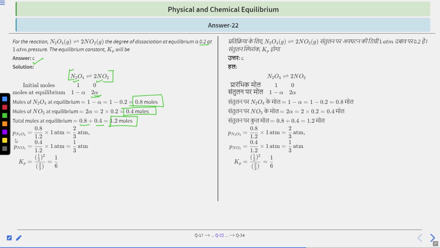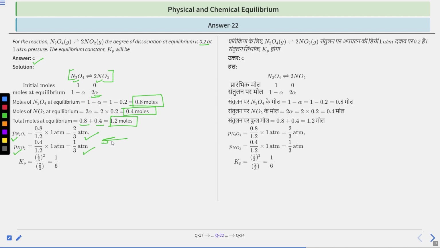We have to find the equilibrium constant Kp. Kp is in terms of pressure, so we have to find the pressure of N2O4 and the pressure of NO2. The pressure of N2O4 will be its moles 0.8 divided by total moles 1.2, into 1 atmosphere, which is the total pressure. It comes out as 2 by 3 atmosphere. Similarly, the partial pressure of NO2 is moles of NO2, 0.4, divided by total moles 1.2, into total pressure, 1 atmosphere, and it comes out as 1 by 3 atmosphere.